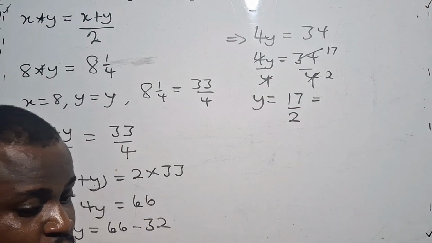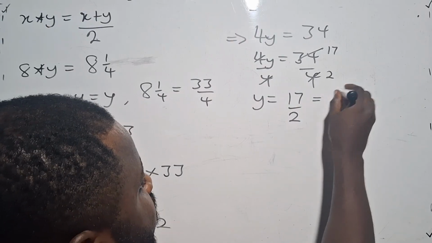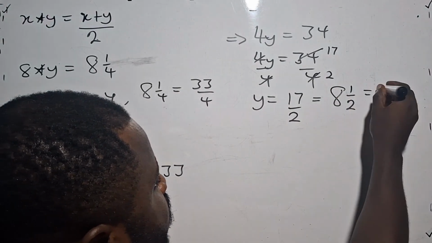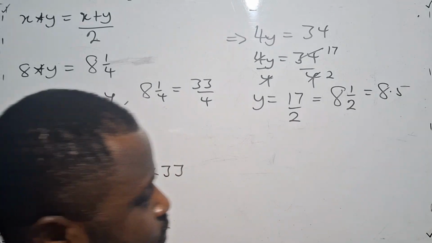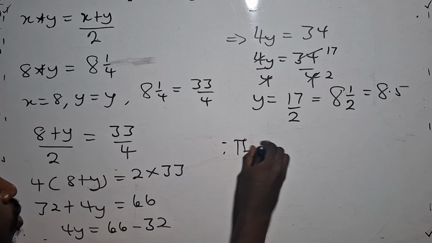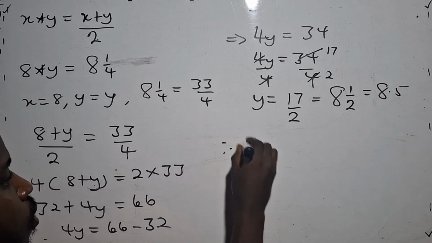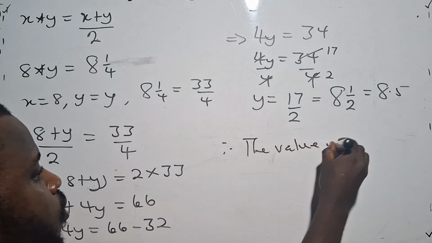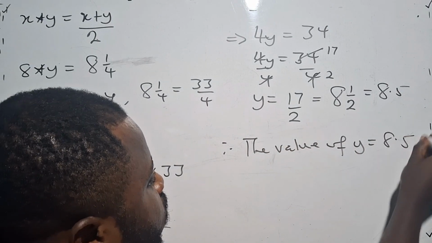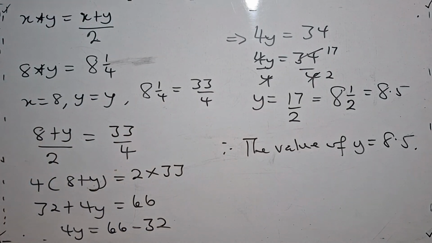The closest one it can go into is what? 8. So 2 times 8 is 16. Remember 1 all on 2. Or you are going to get 8.5 as decimal. Yes, you are going to get 8.5 as decimal. So therefore, the value of y is equal to 8.5. I'll leave it in the decimal form.